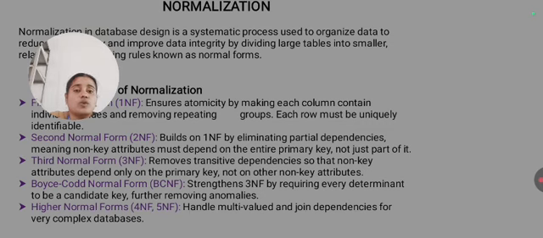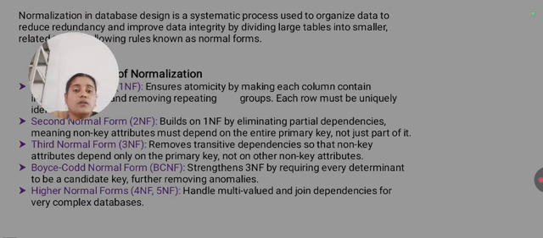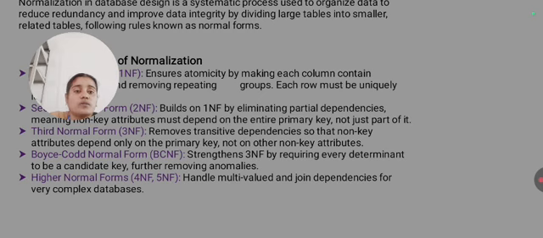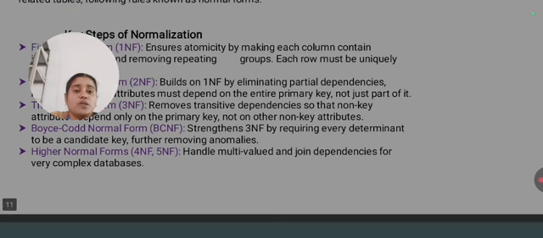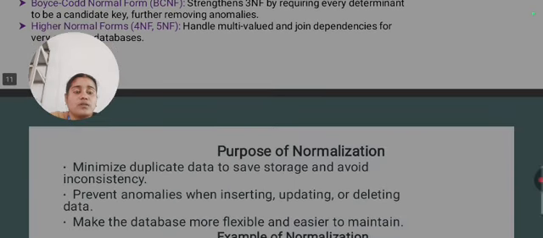Next one is Boyce-Codd normal form, which strengthens 3NF by requiring every determinant to be a candidate key, further removing anomalies. Last one is higher normal forms, which handle multi-valued and join dependencies for very complex databases.